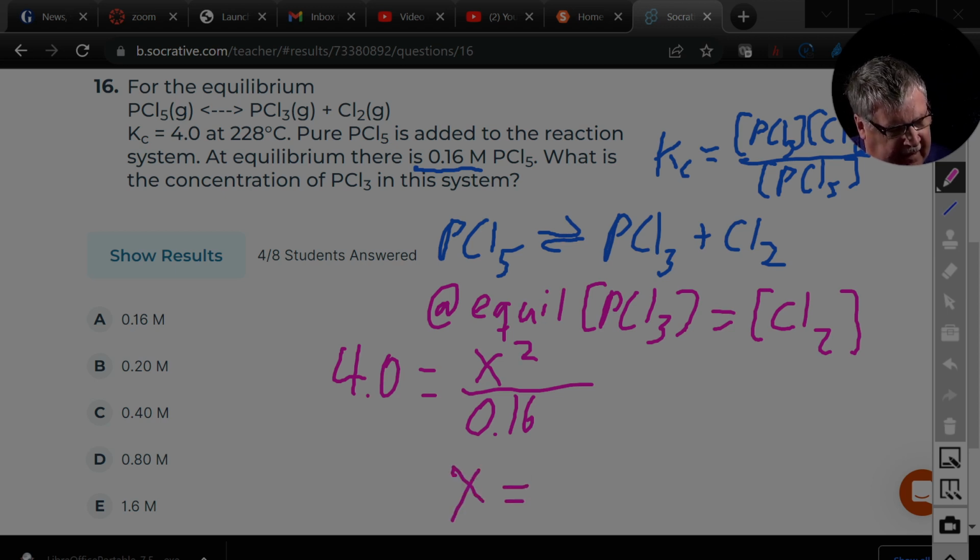And so that means if we do this, take the square root of 4 divided by 0.16. How can that be right?